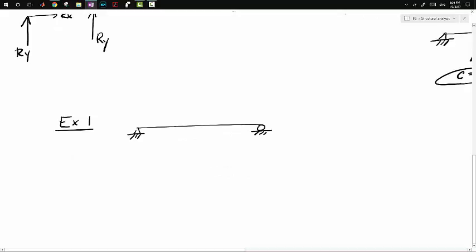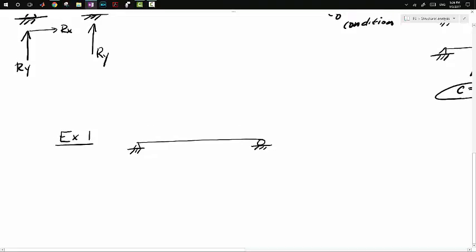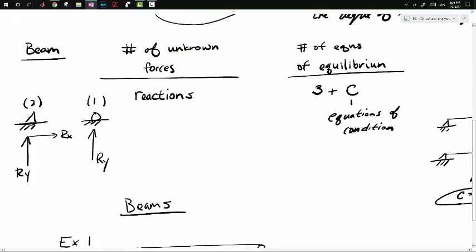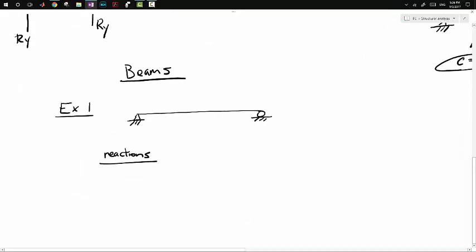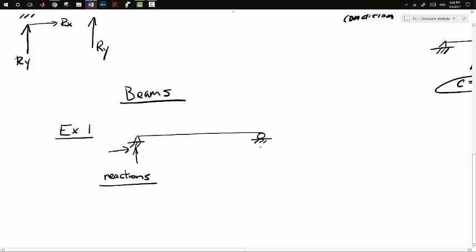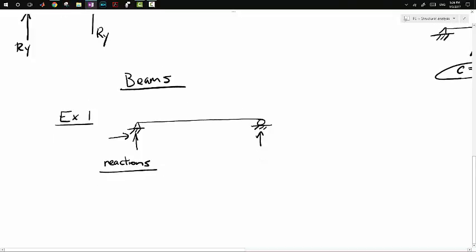So again, we need to find the number of unknown forces, which for beams, are basically our reactions, as I've written down here. So how many reactions do we have? Well, we have 1, 2 for the pin support, and 1 for the roller support. So that gives us 3 reactions.